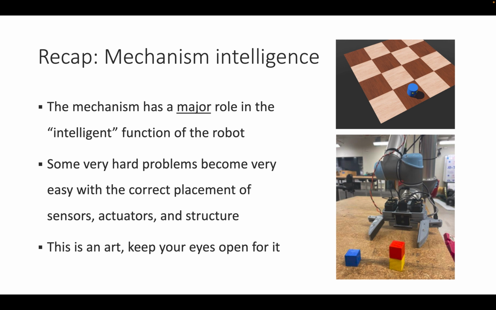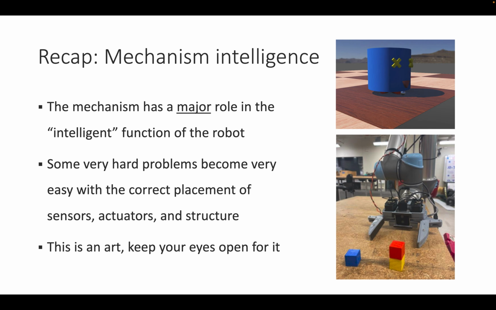We also looked at the concept of mechanism intelligence. We had this little demonstration of a robot that doesn't fall off the table just using the mechanism alone. And I think it's important to understand that some very hard problems become very easy with the correct placement of sensors, actuators, and structure.